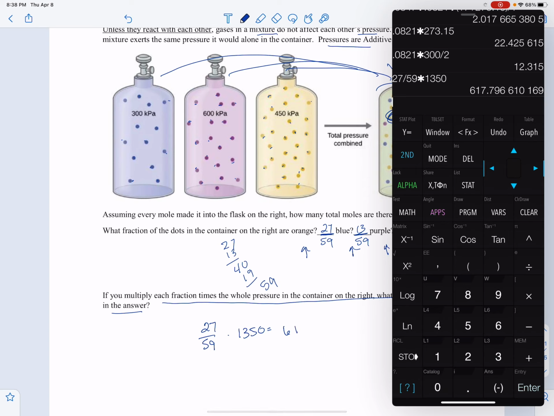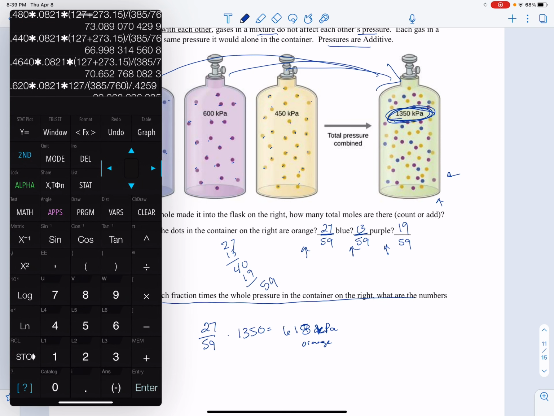That is the pressure, I'm going to call it 618 kPa. That's the pressure that the orange moles are exerting on that container.